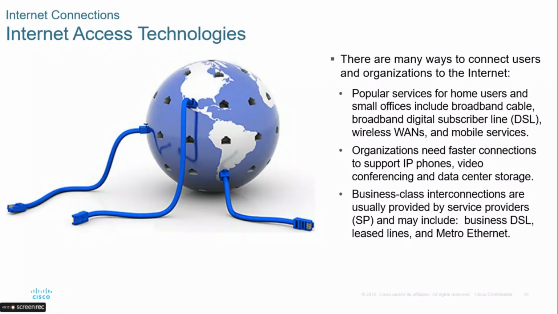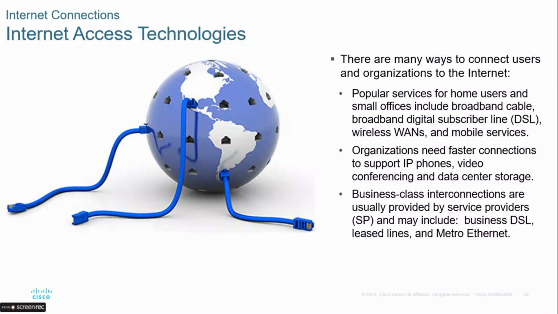Voice in a network is always given a priority, and most organizations always specify that such kind of data should be within the network that has got a greater bandwidth. So business class interconnections are usually provided by service providers and may include business DSL.